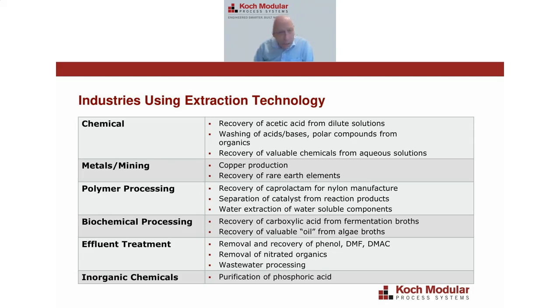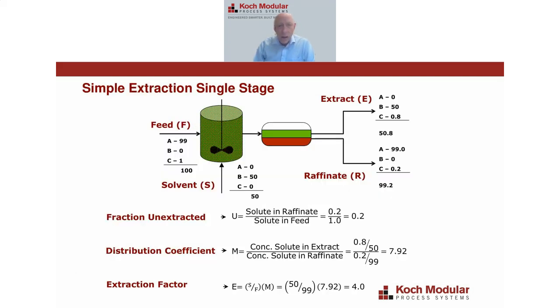A lot of these might be, say, fermentation broths or algae broths. Again, they're aqueous solutions, and if you're creating higher boiling chemicals in those aqueous solutions, then extraction is a good technology. Effluent treatment: certainly if you have wastewater with high boilers in it, again, extraction could be a good application for those. And then I also mentioned there are inorganic chemical processes like phosphoric acid.